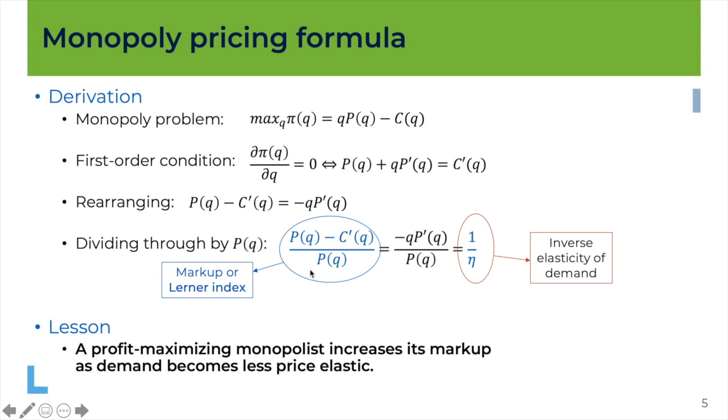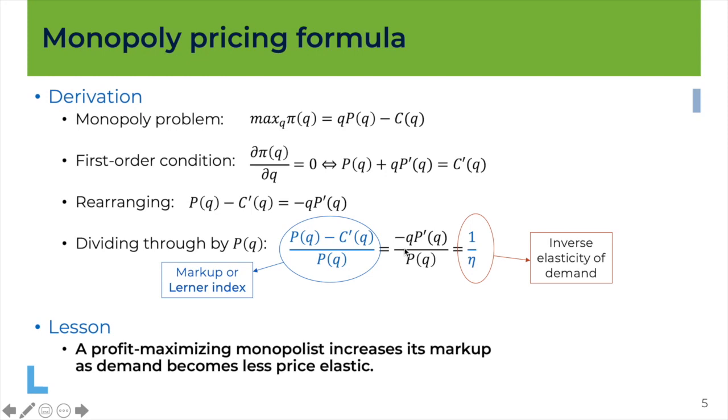Okay, and we come up with this final expression here, where on the left-hand side we have what is called the Lerner index, or the markup. So you see on the top we've got the difference between the price and the marginal cost. So this ratio is larger when the price can be set higher with respect to the marginal cost. And to have something in percentage, we divide by the price.